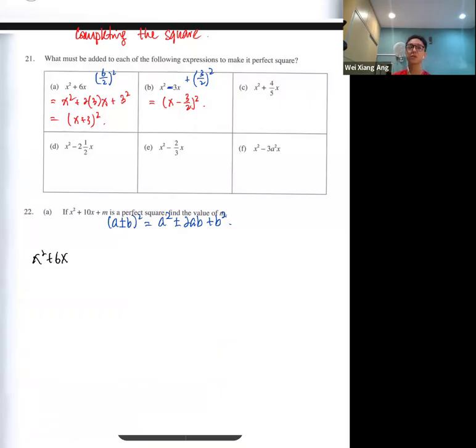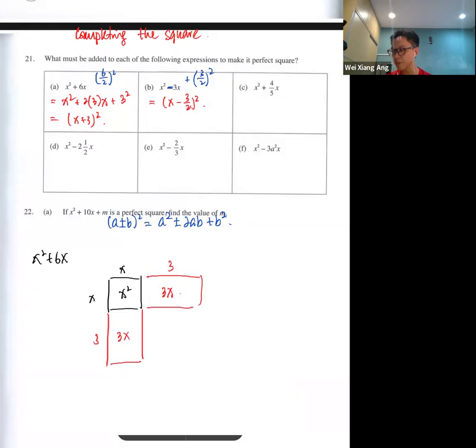x squared, I can represent this using a square with sides of length x. So the area is x squared. 6x, I'm going to cut it in half. So this is 3, and the area of this rectangle is 3x. I'm going to put the other one here as well. It's 3, so the area of this rectangle is 3x.